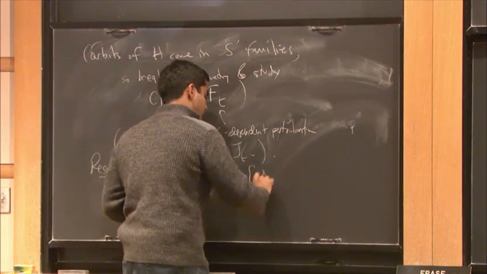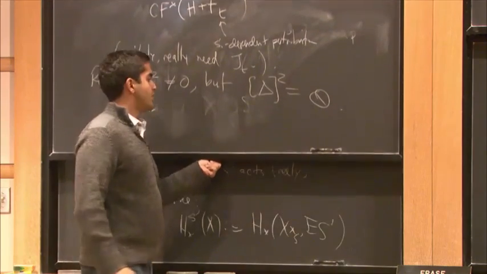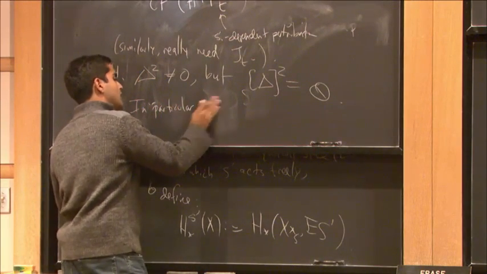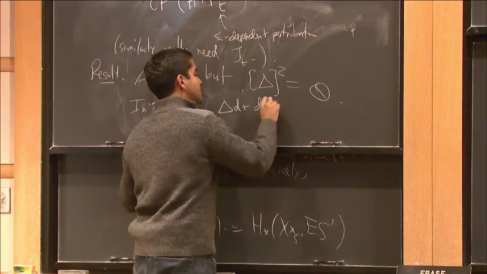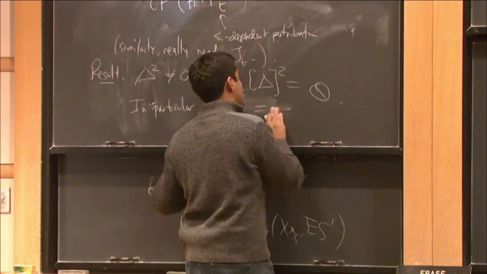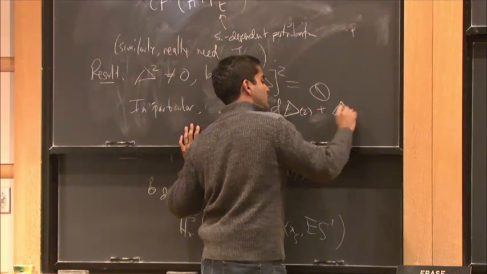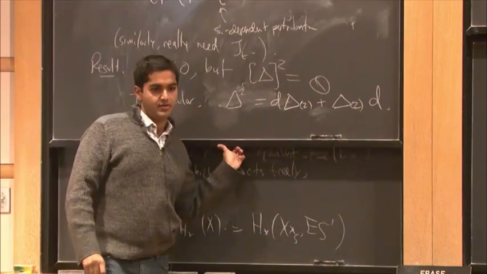But, well, it's a chain map, and you can show that in homology it squares to 0. So in particular, delta squared, which is delta d plus d delta, is chain homotopic to 0 for some explicitly constructible chain homotopy.